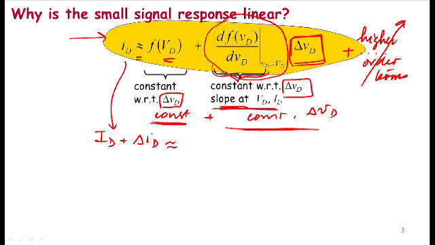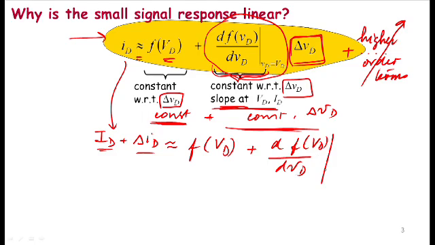And delta VD is, in this case, I'm picking it to be a time-varying term. And so therefore, on the left-hand side, I'm going to get a constant term plus a small time-varying term. So I have an ID plus a delta ID on the left-hand side, and that will be equal to f of VD plus d of f of VD by dVD evaluated at VD equals capital VD times delta VD. So I've just copied the right-hand side from the top.